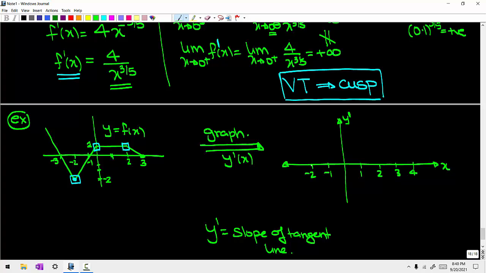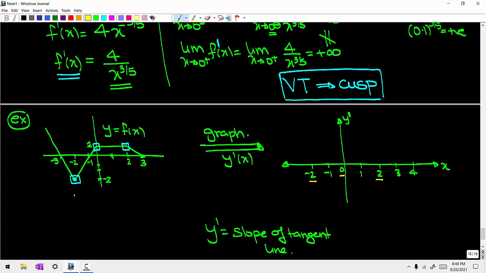So I'll just mark that with a different color for now. Actually, I'll just underline it. Negative 2, 0, and 2. Because at those places we have sharp corners, so the function is not going to be differentiable there. We're not going to be able to find the derivatives.